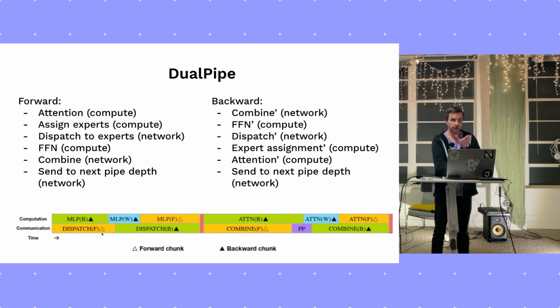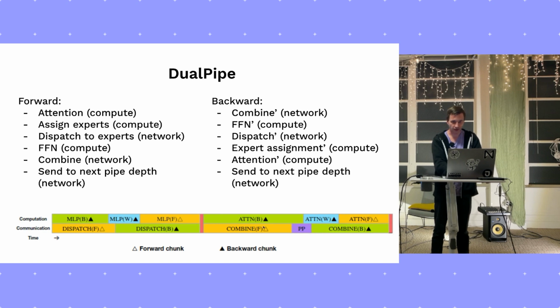Dispatch F is sending the experts. Presumably dispatch F takes less time than MLP, right? So part of this time is not actually spent on networking. So if you remove MLPW here, you would still have computation and communication fully overlapped. Dispatch F will finish while MLPB is being computed, so by the time you're ready to start MLPF, you have the data and you're ready to dispatch B.